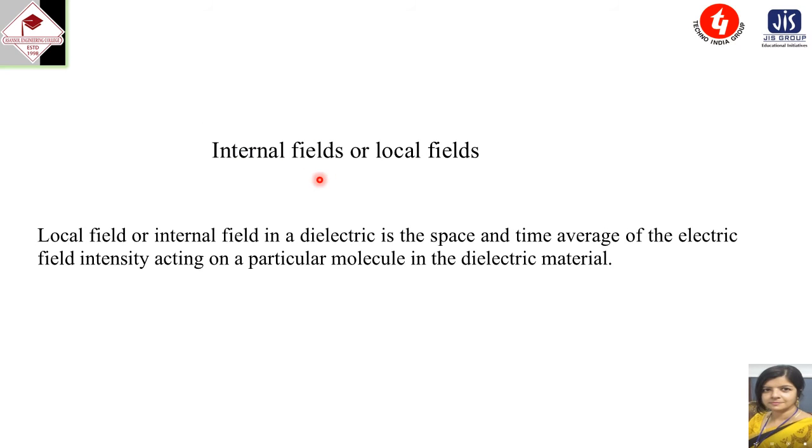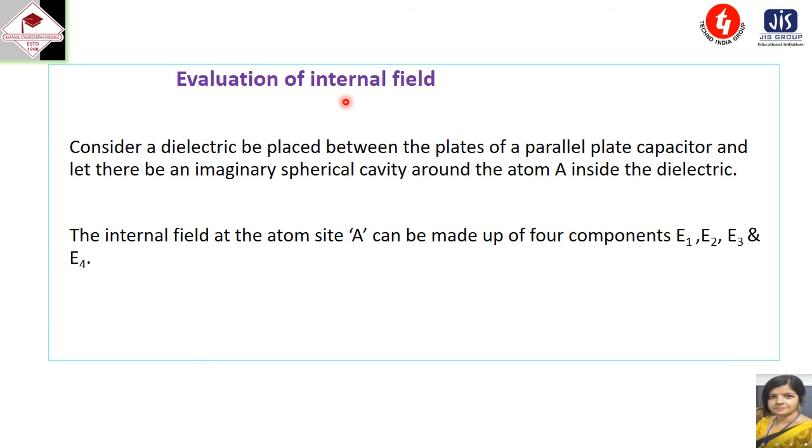Now internal fields or local fields. Local field or internal field in a dielectric is the space and time average of the electric field intensity acting on a particular molecule in the dielectric material. Now the evaluation of the internal field.